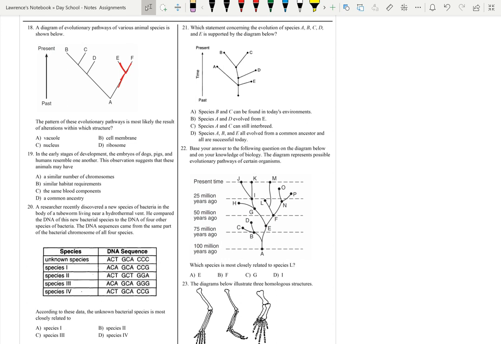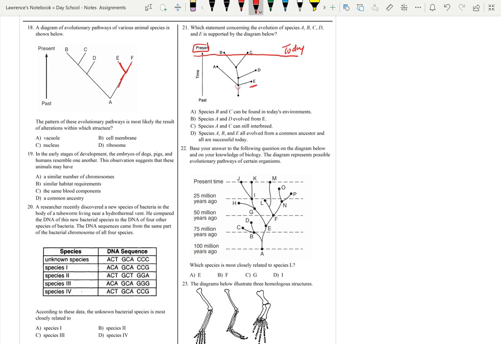Species B and C can be found in today's environment. So this is present day. Present day, these guys are alive today. B and C can be found in today's environment. That sounds pretty good. Species A and D evolved from E. No, E's over here.